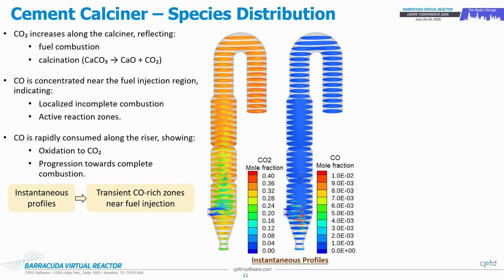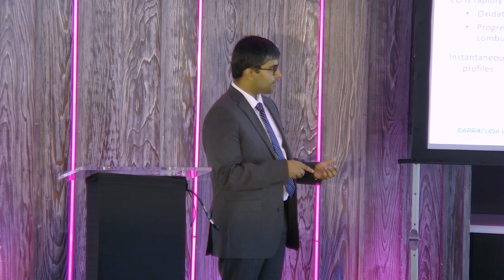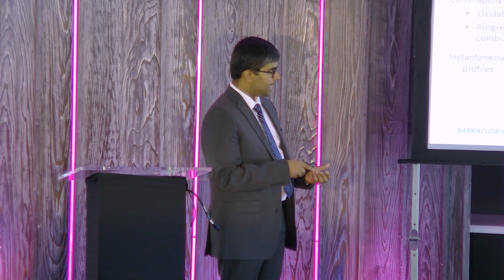So there's some incomplete combustion that's happening, but then you see a progressive depletion of CO as it undergoes complete combustion and then gets oxidized to CO2. With CO2, you have some CO2 coming through the inlet.